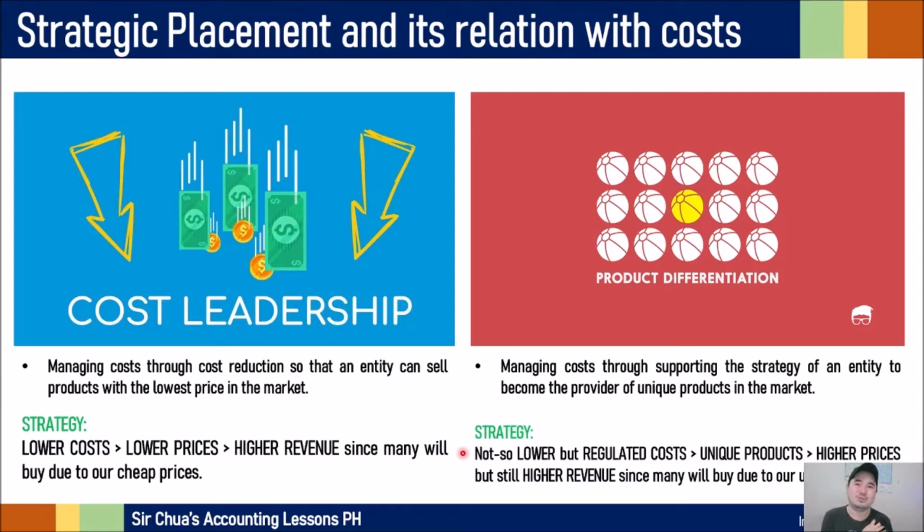And you spent higher amount of cost to make it unique. So basically, your prices will be higher, but you can expect higher revenue in a sense that many will buy from you because you're the only one selling that. Okay? You can expect higher revenue because your product is unique. You're the only one who sells that.